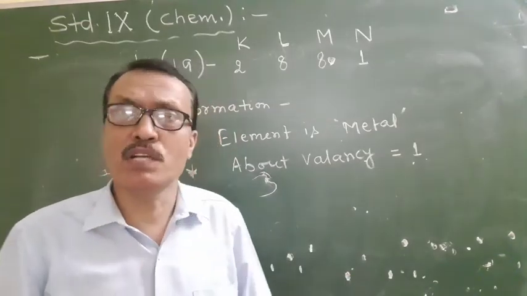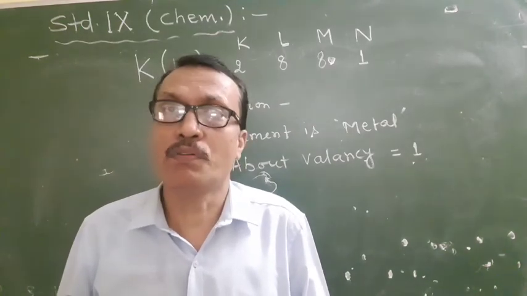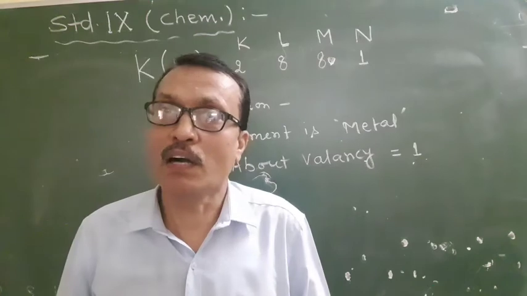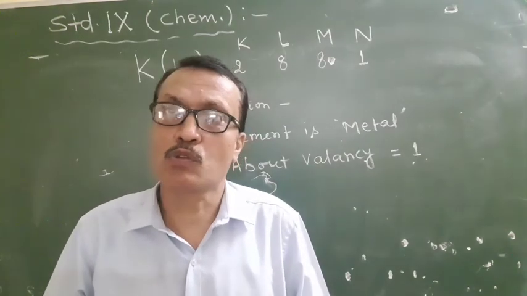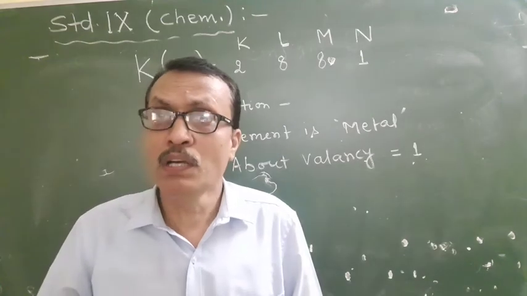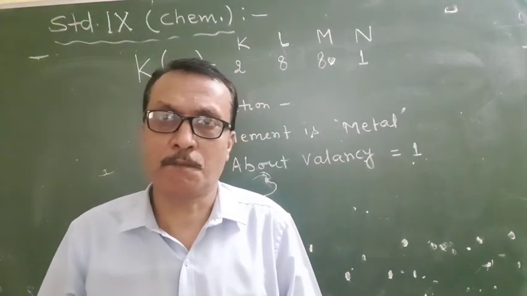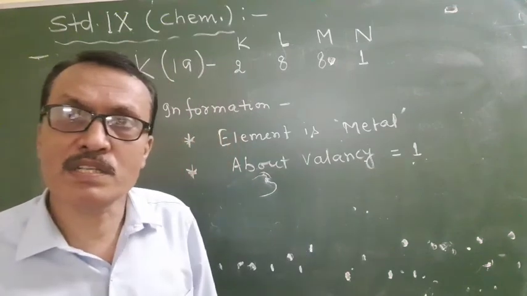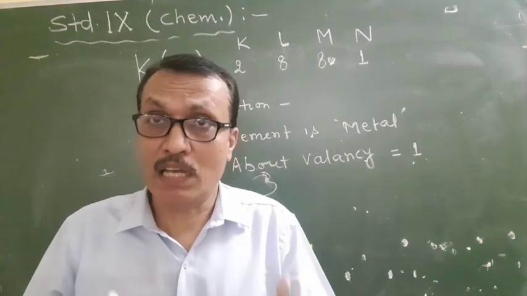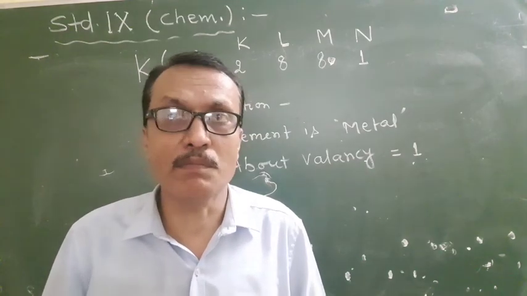These 2 points will help you to do the electronic configuration of elements starting from hydrogen to calcium. So first you learn the electronic configuration up to atomic number 20, and after that we will learn some more points regarding the electronic configuration of elements.